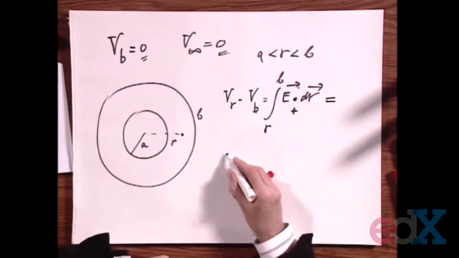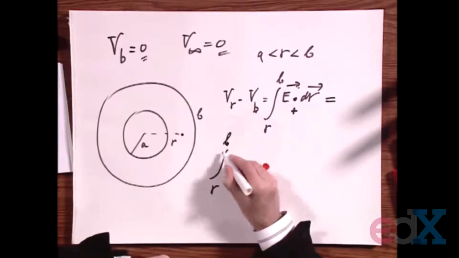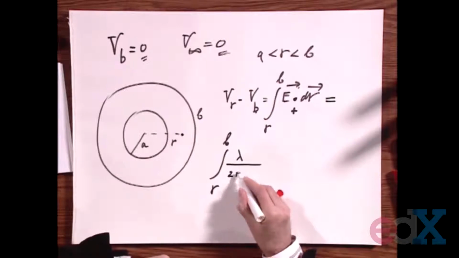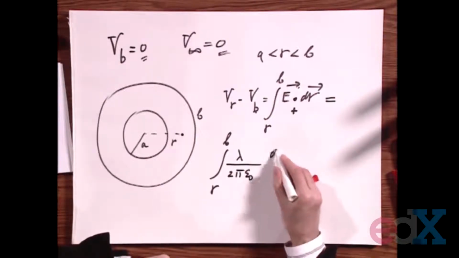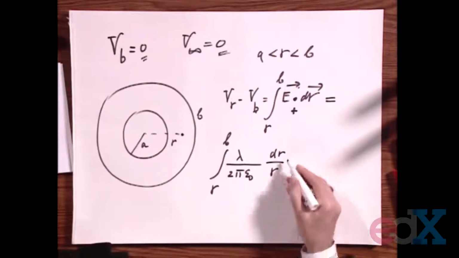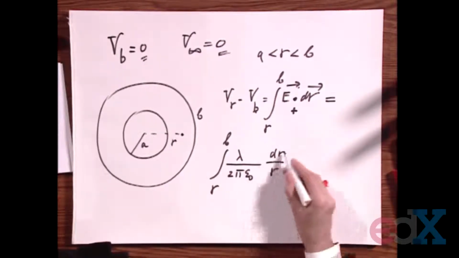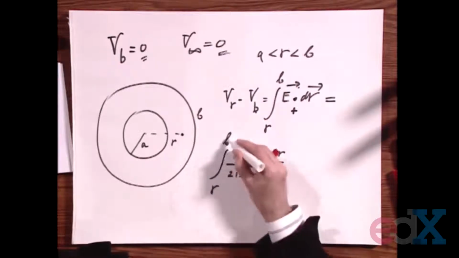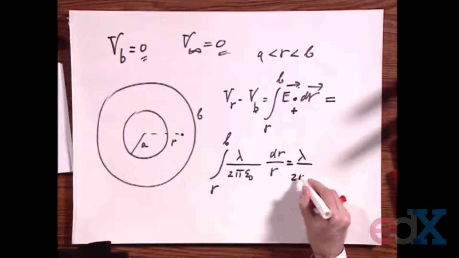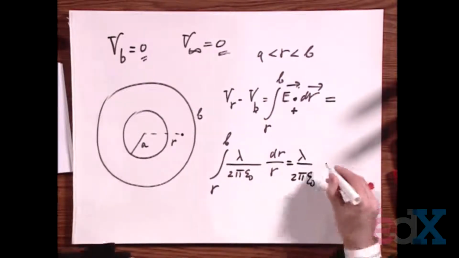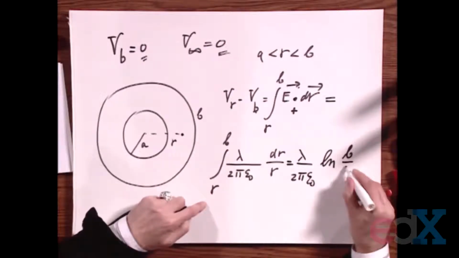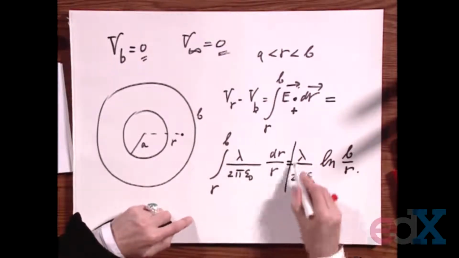And so that becomes the integral going from r to b of lambda divided by 2 pi epsilon 0 dr over r, as we just calculated. Now this integral is the logarithm of r, taken between the values b and r. So this becomes lambda over 2 pi epsilon 0 times the logarithm of b minus the logarithm of r, which is the logarithm of b over r.